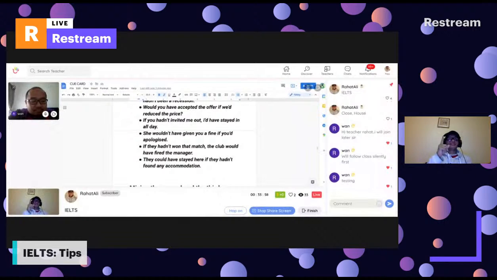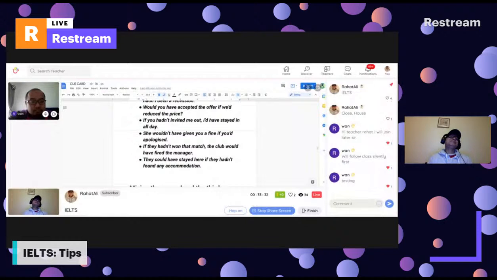They assess listening, reading, writing, and speaking, and both general and academic tests are the same, except two parts. The general test is required if you want to migrate to English-speaking countries for working, like Canada, Australia, New Zealand, UK, and some European countries. And they are different in reading and writing.